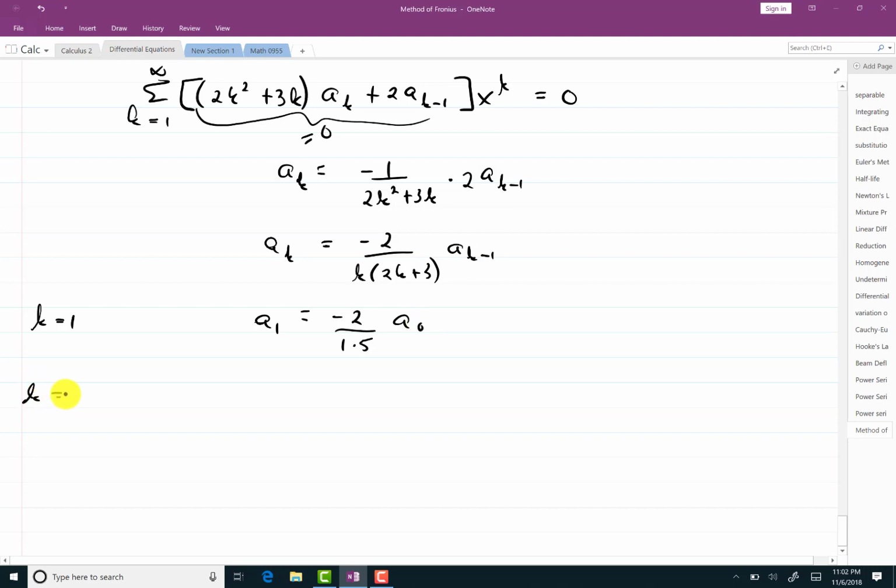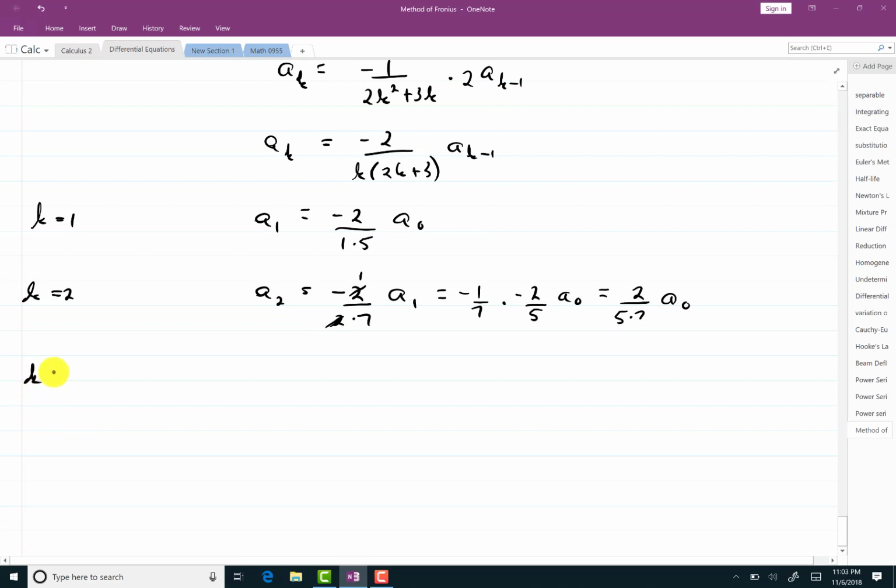K equals 2, I get a sub 2 equals negative 2 over 2 times 4 plus 7, 2 times 7, a sub 1, which I can cancel these 2's out, so that's a negative 1/7. But so I'll have negative 1/7 times negative 2 over 5 a sub 0. So I have 2 over 5 times 7 a sub 0.